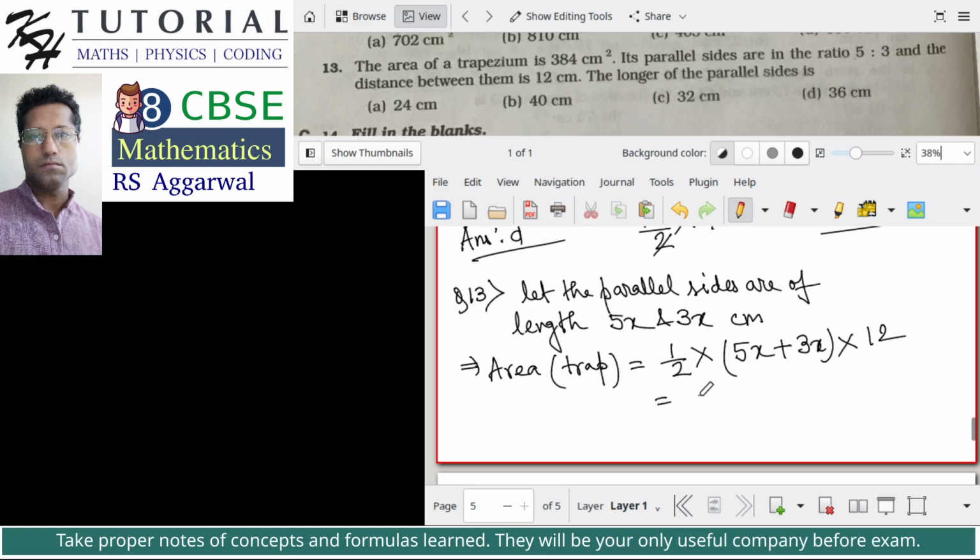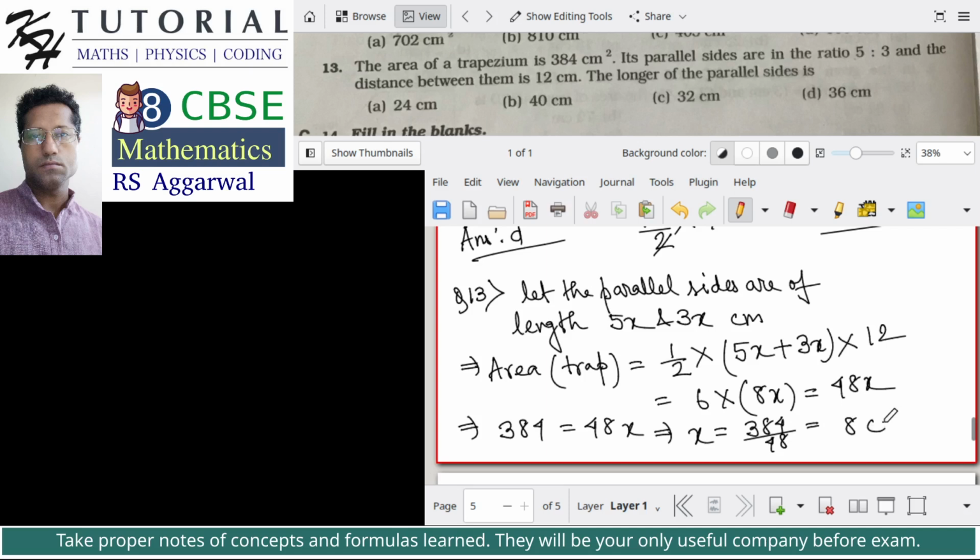This is equal to 6 multiplied by 8x, which is 48x. The area of the trapezium is given to be 384 centimeter square. So we must have 384 is equal to 48x. So x is equal to 384 divided by 48, which is equal to 8. So x is not centimeter, but x is 8.